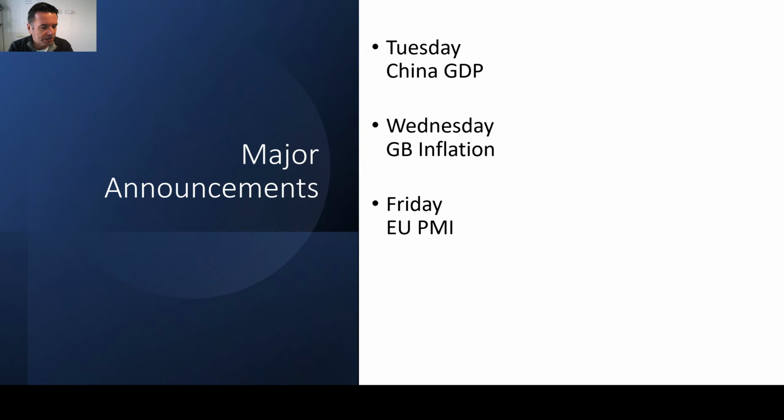I think it was the lowest we've seen, down at 5%. So let's see what the UK inflation looks like next week. And then next Friday, we've got PMI data, Purchasing Managers Index. Again, another barometer for the health of the economy, and that's for Europe. So a smattering of bits and pieces next week.